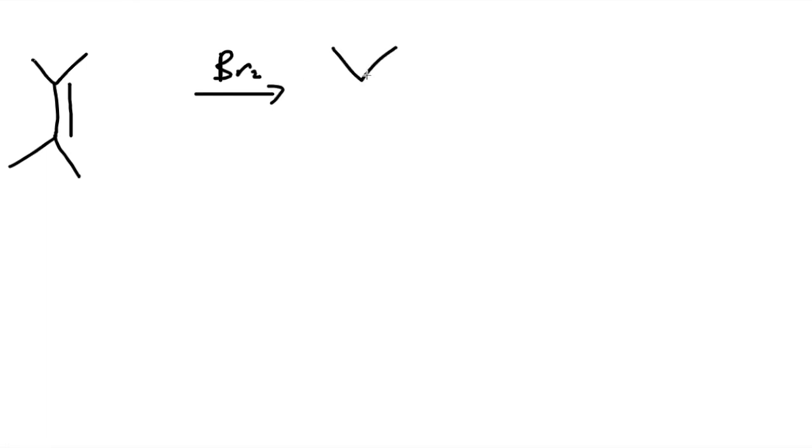Now for this next structure, if we have this, and this is reacting with two bromines, to draw this product, we redraw the molecule. To see if this is asymmetrical or symmetrical, draw a line between the double bond, where the double one's at, and we see that the left side and the right side are the same.